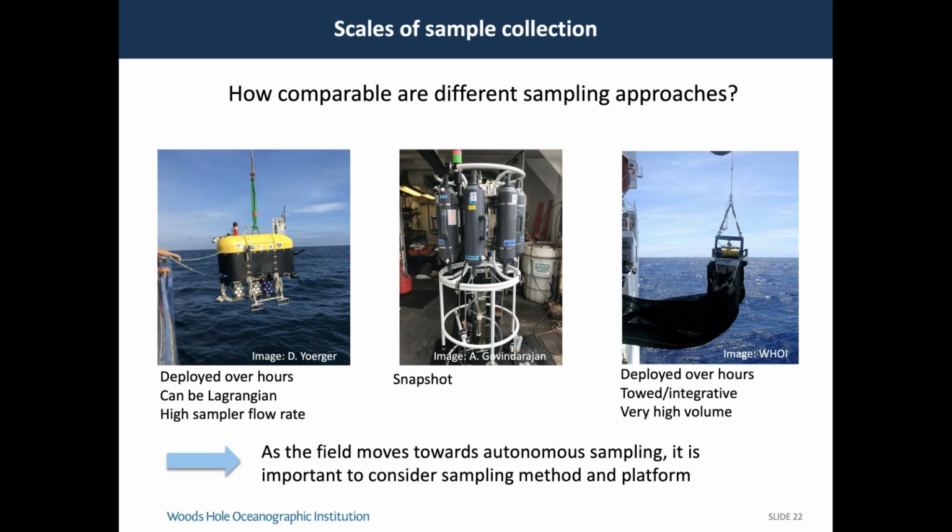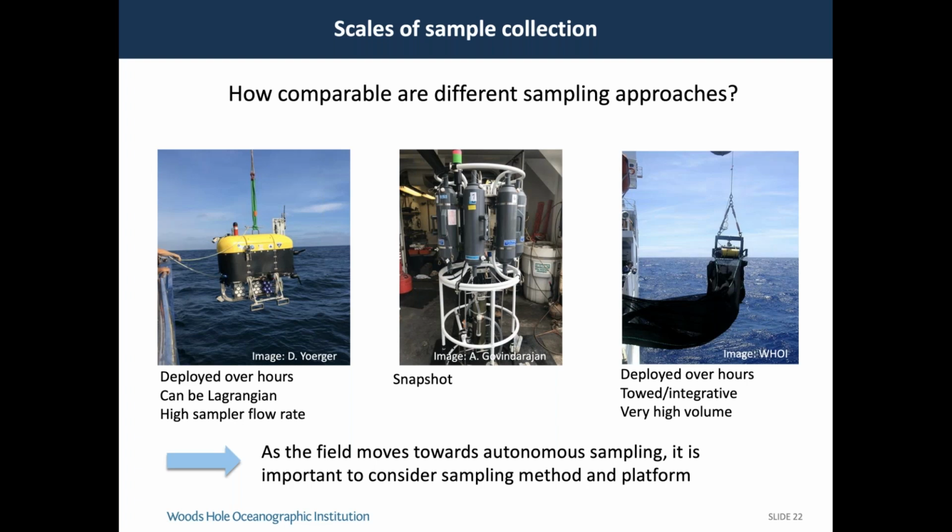When we put the sampler on Mesobot, this was a robot designed specifically to track and follow animals and particles, and it can be Lagrangian, meaning that it can track with the parcel of water. We use that sampler with a high flow rate, so we can stay within a given water parcel. You can contrast that with other types of sampling that might be Eulerian, where the water flows past it.